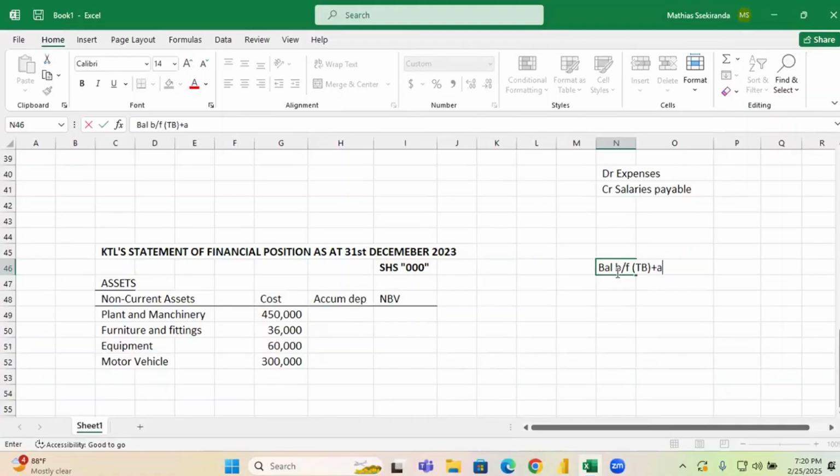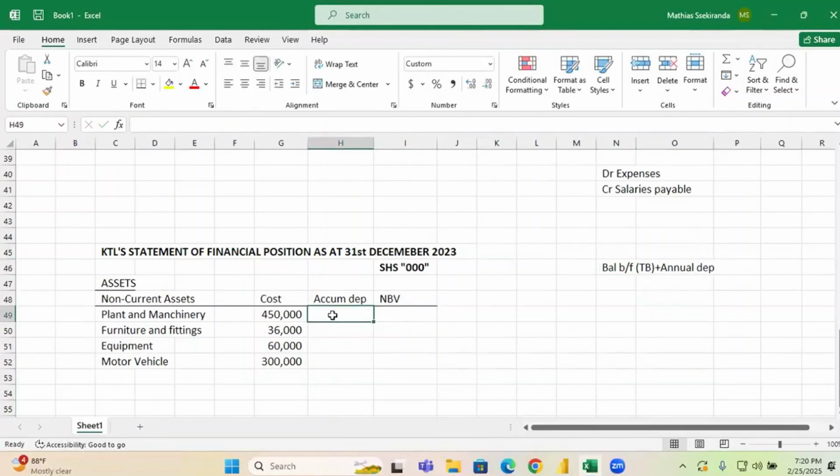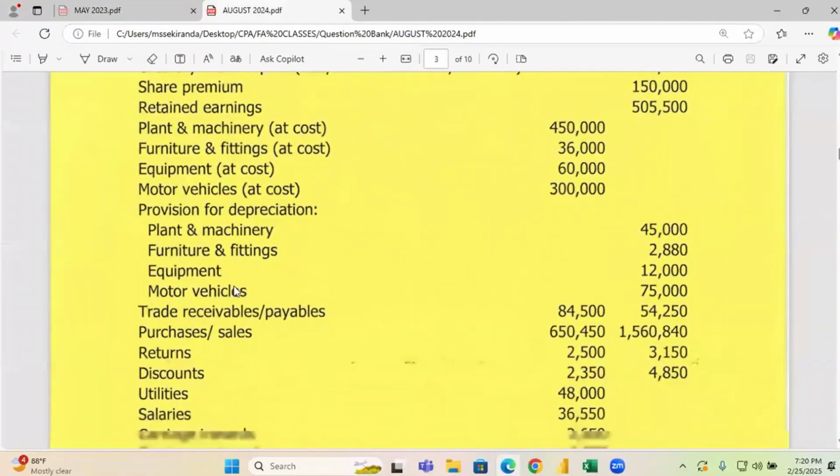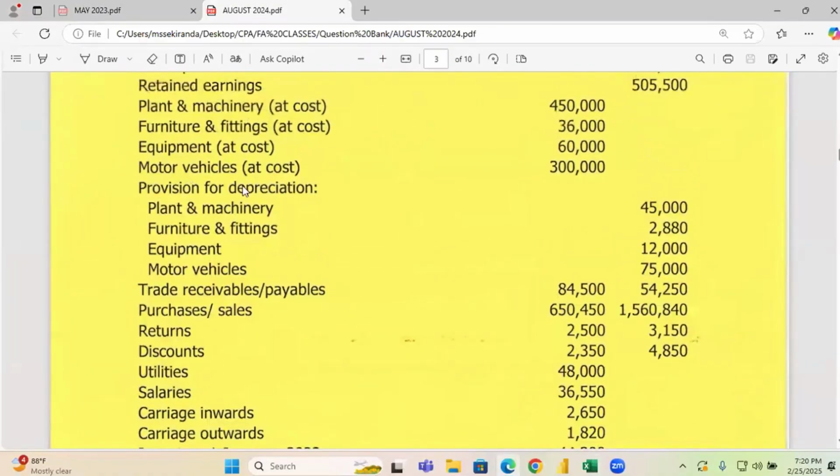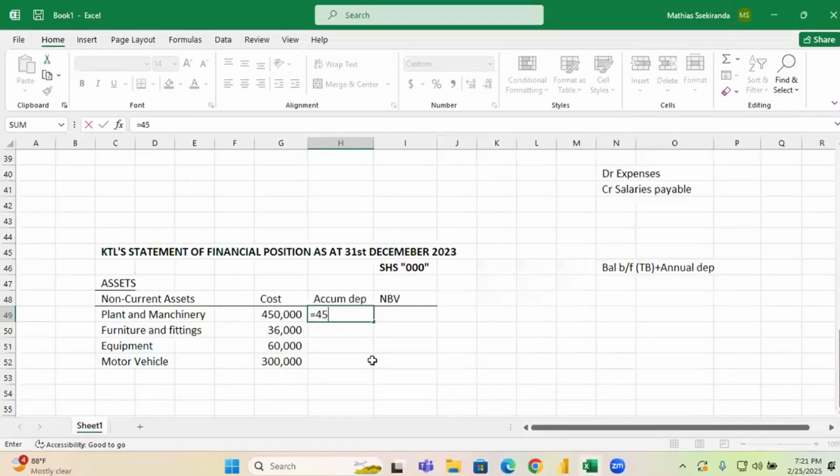You add on the annual depreciation that you have computed. So for example, for the plant and machinery, you get what was given in the trial balance, 45,000, okay?